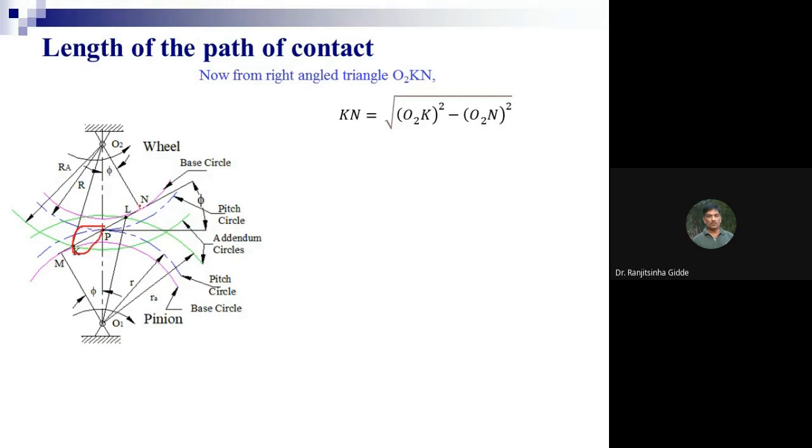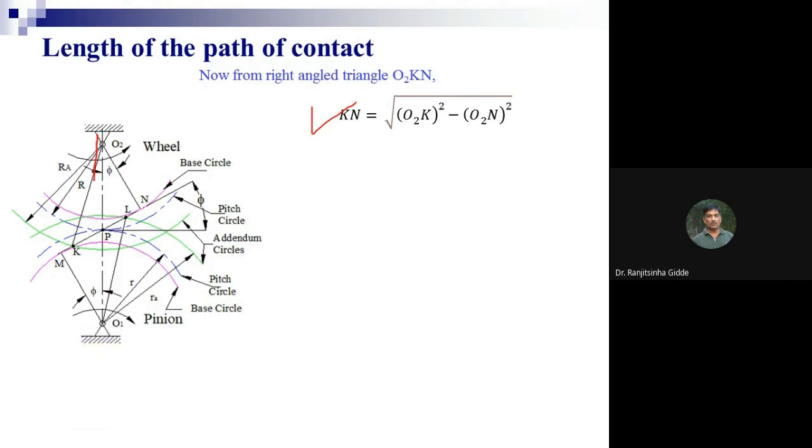We got the value of Kn, right? To get the value of Kn, we have written this relation, and now to find out the value of this Kp, we need to find out the value of this Pn. Now how to find out the value of this Pn?